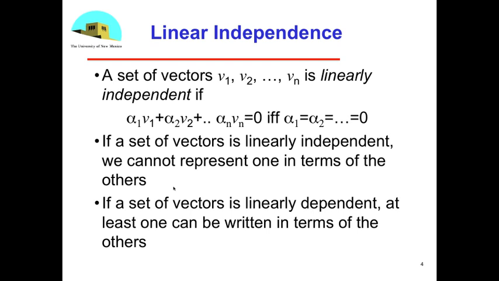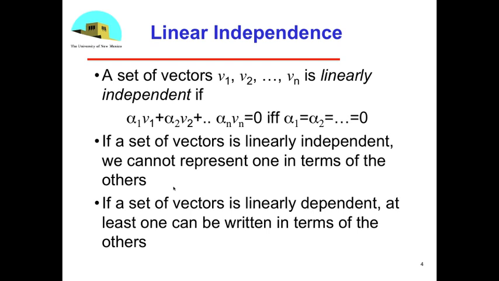So if, say, alpha 1 was 1, just to make it easy, and v1 plus the sum of some others, not all of which are 0, is giving you 0, then I can just move the others onto the other side of the equation, as minus v2. Remember, every vector has an inverse vector which just points in the other direction. I've now given a representation for v1 in terms of some of the other vectors, and therefore v1 would not be independent of all the others.